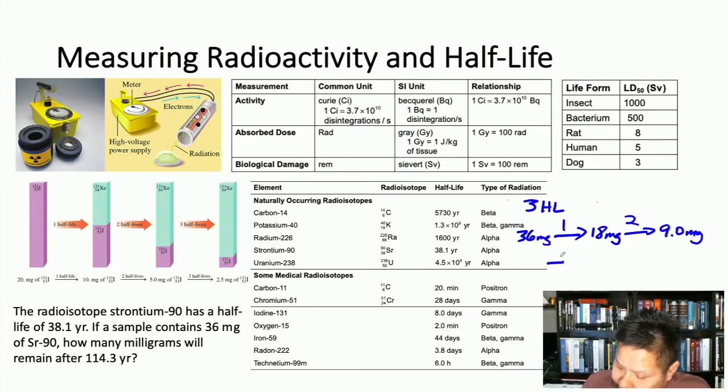And then after the third half-life, it becomes 4.5 milligrams. So what that means is that after 3 half-lives, or 114.3 years, you end up with 4.5 milligrams of strontium-90.